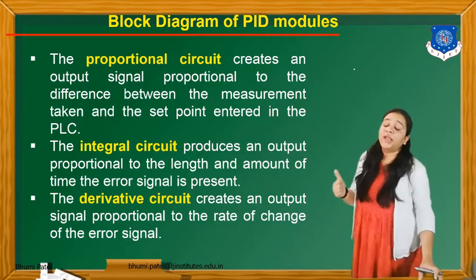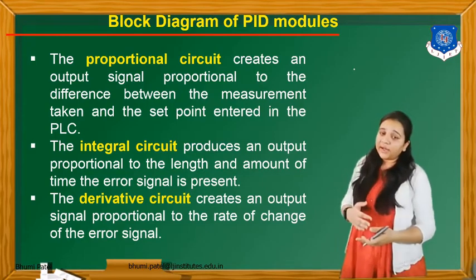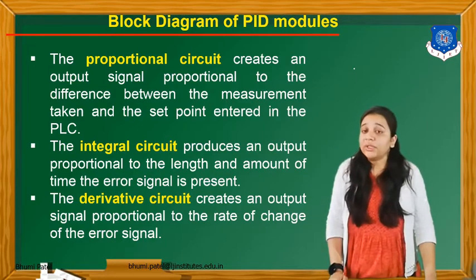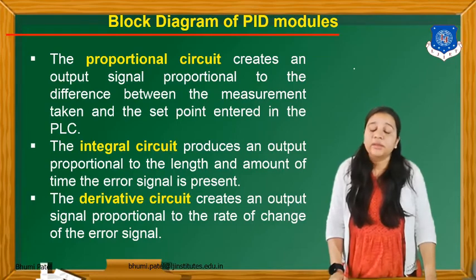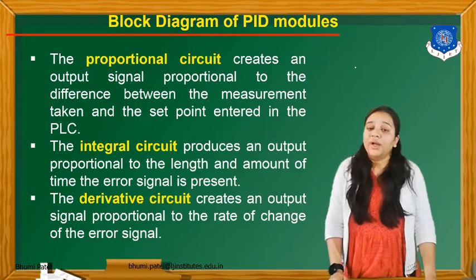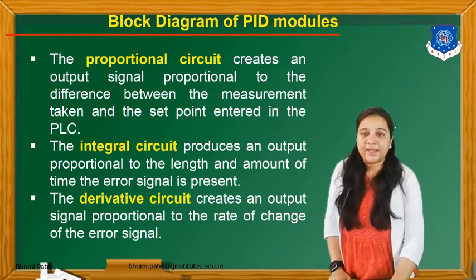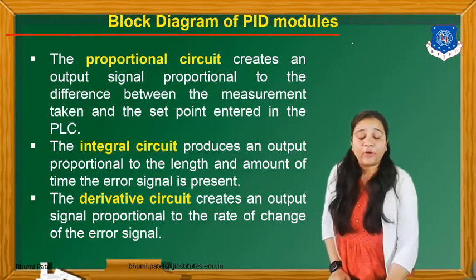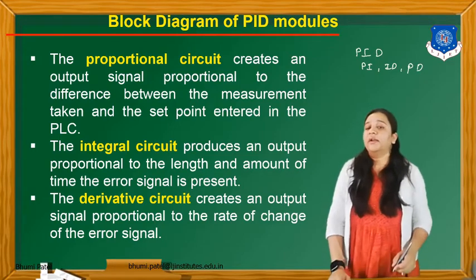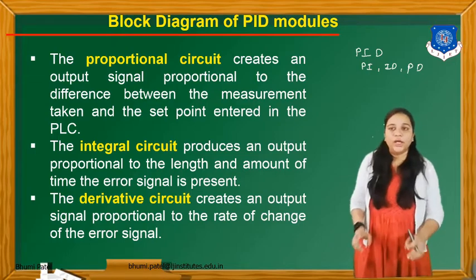And if an error signal is generated throughout the system, we can check using the derivative circuit. The best option is to connect the full PID module, which gives the best output. But every time we cannot connect the PID module with this PLC diagram. According to the application, we can connect only P, I or D, or a combination such as PI, ID or PD controller, and the last option is to connect the full PID module for this particular system.